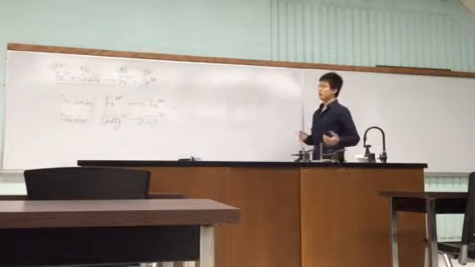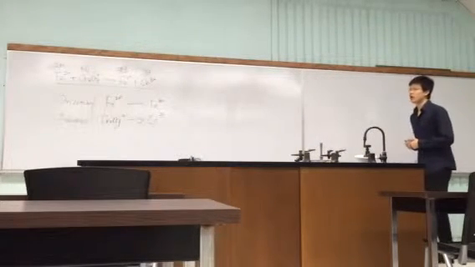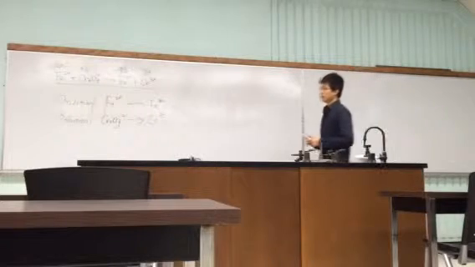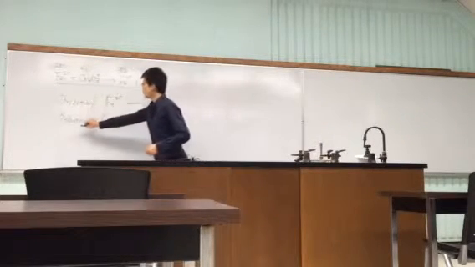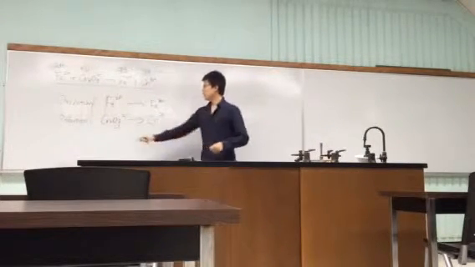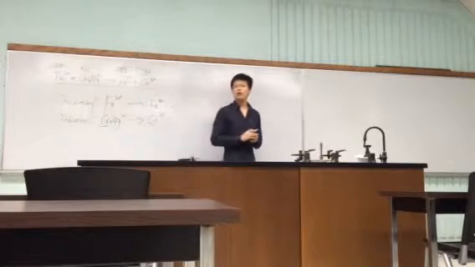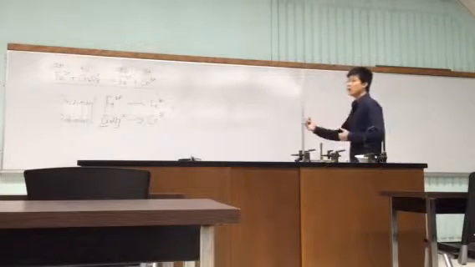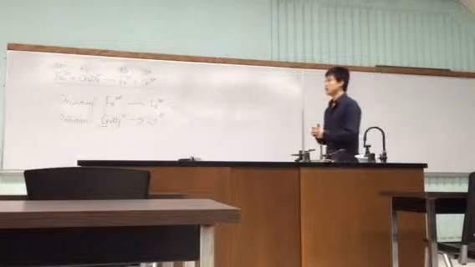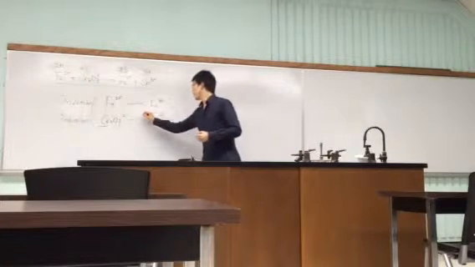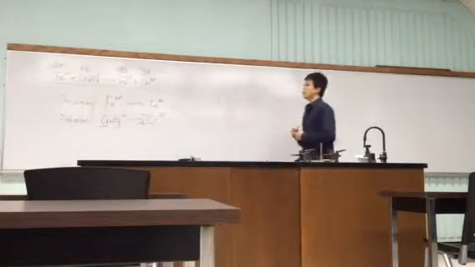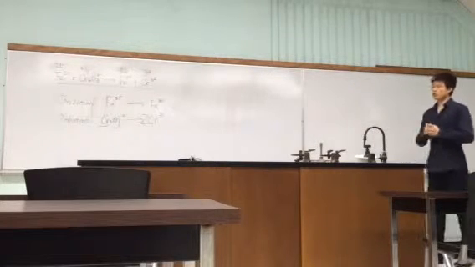You have one iron on the left-hand side and one iron on the product side, which is already balanced. If you then take a look at the reduction half reaction, you may notice you have 2 chromium on the reactant side but only 1 chromium on the product side. So you need to add a 2 as the coefficient right here to balance the chromium species.